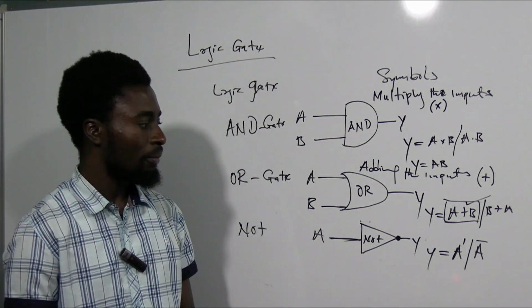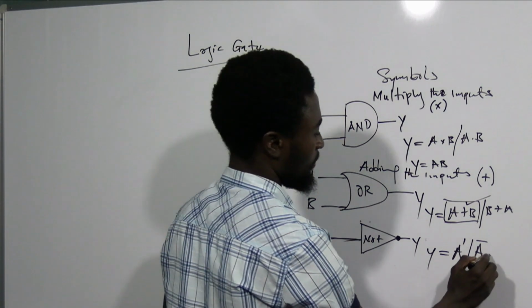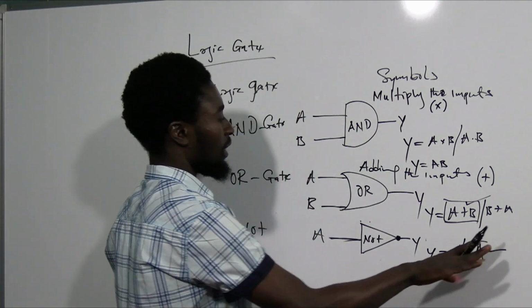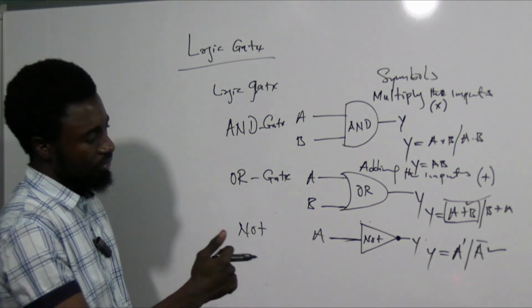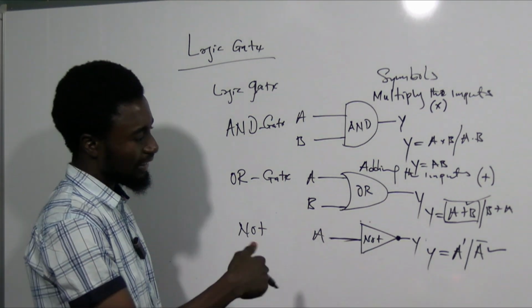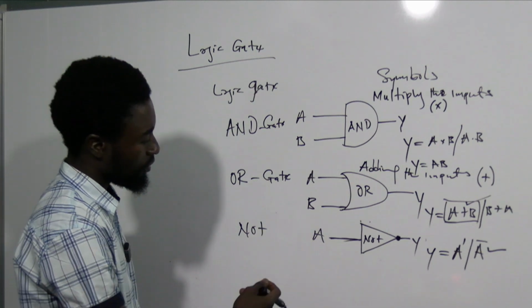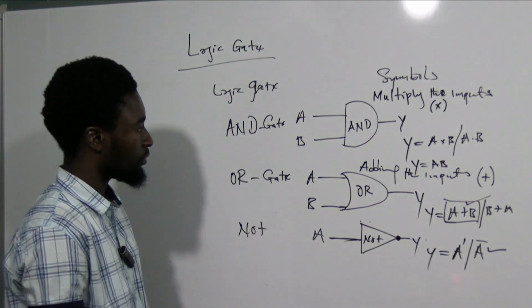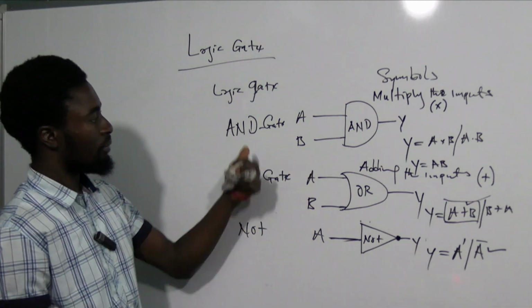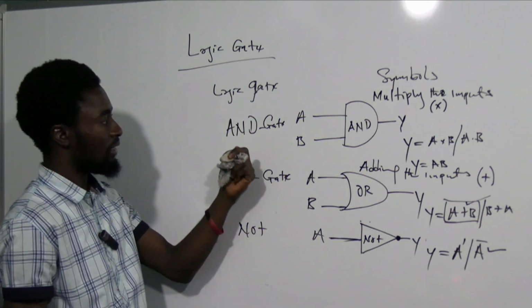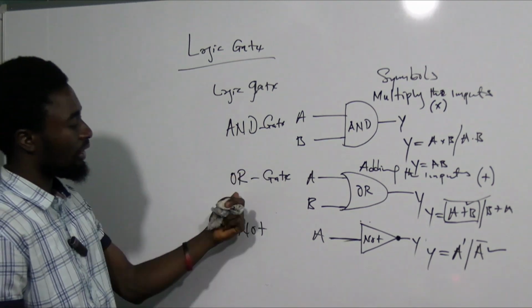We are taking this as our method of writing the negative or the complement of our inputs. So the basic three gates are the AND, the OR, and the NOT gate.